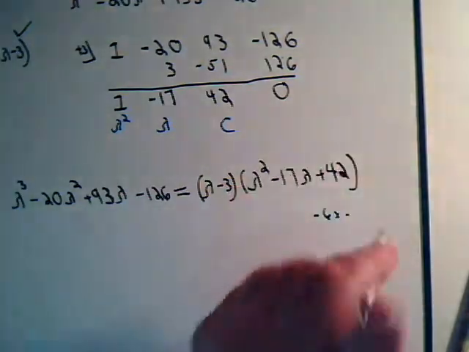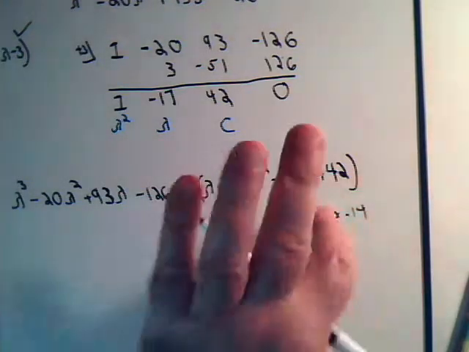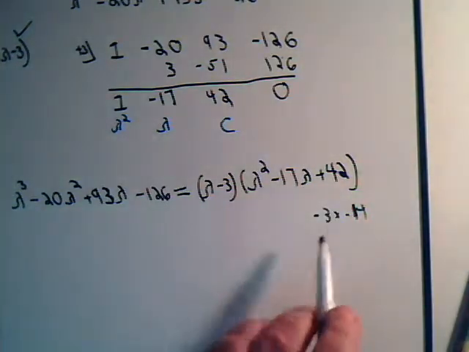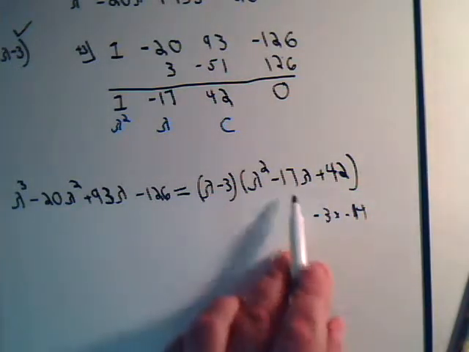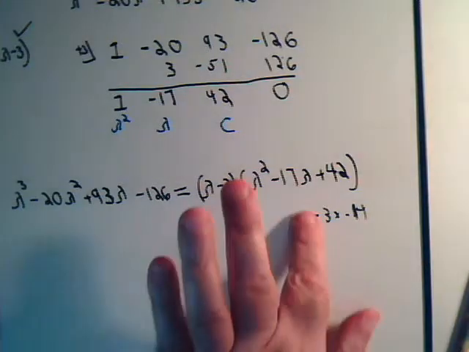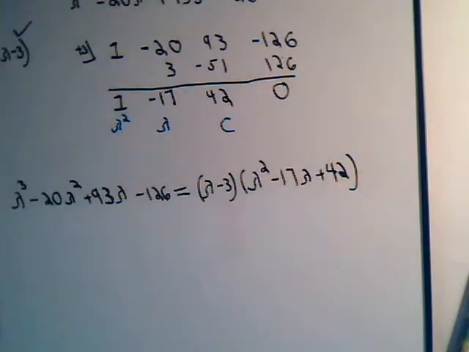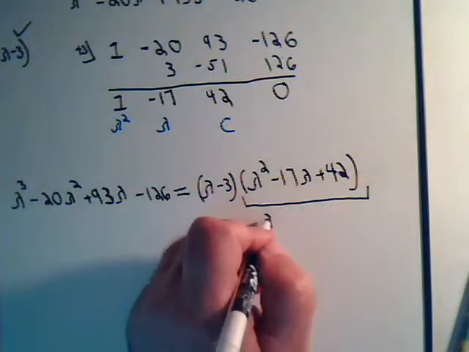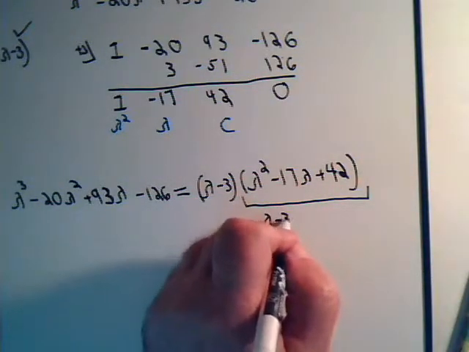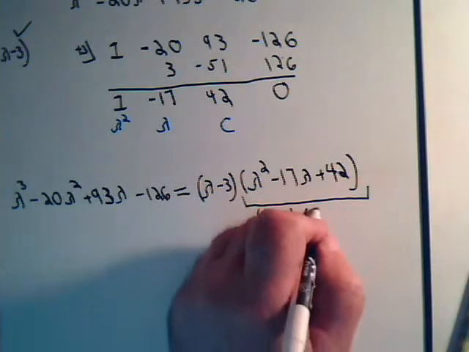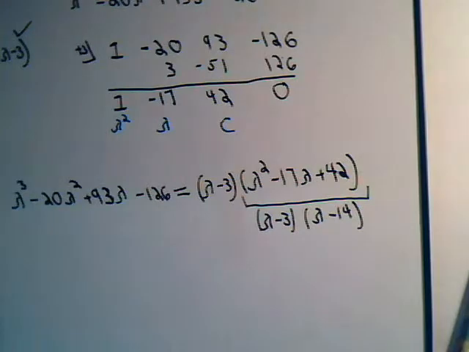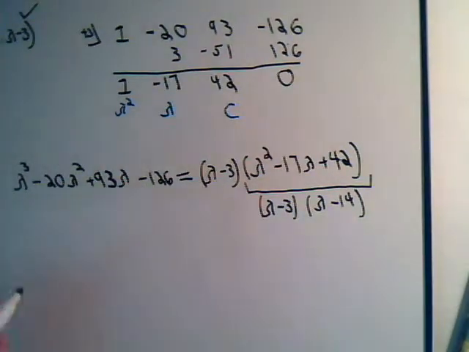But if this was minus 14 and this was minus 3, that would give us plus 42, and those would add up to minus 17. So this we can write as lambda minus 3 times lambda minus 14.